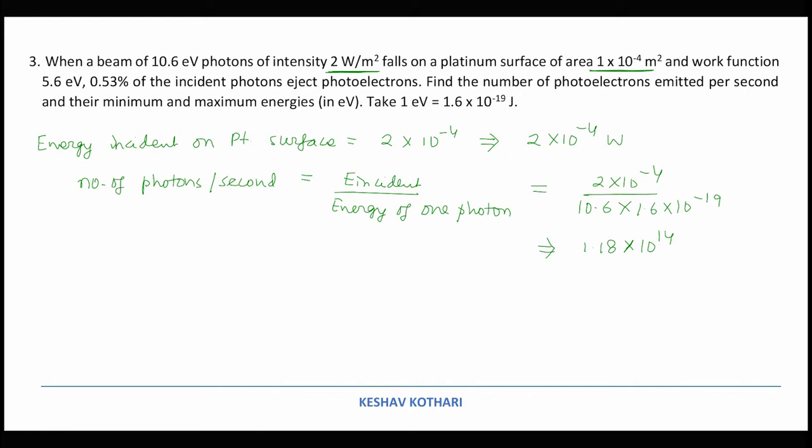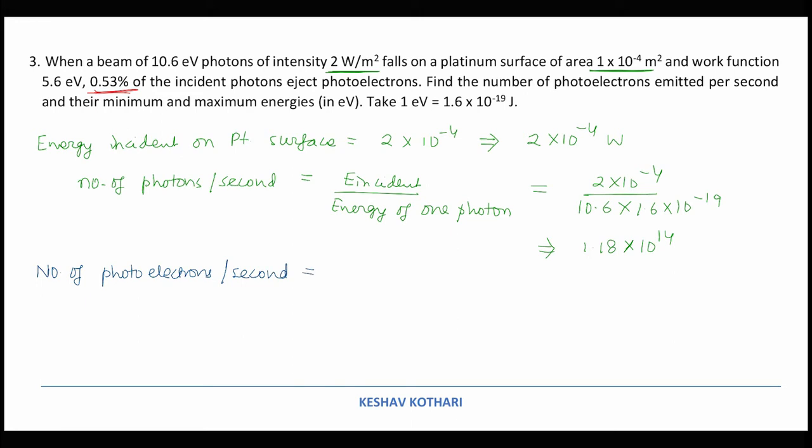Now the next part which we are dealing with is saying 0.53% of the incident photons eject photoelectrons. So the next thing which I am calculating is the number of photoelectrons emitted per second.